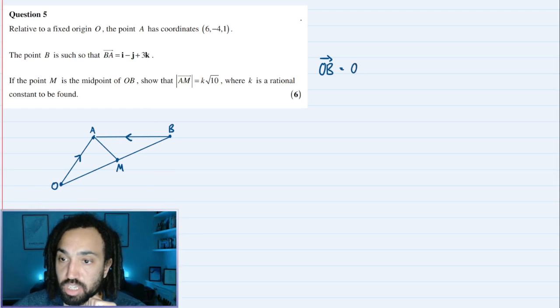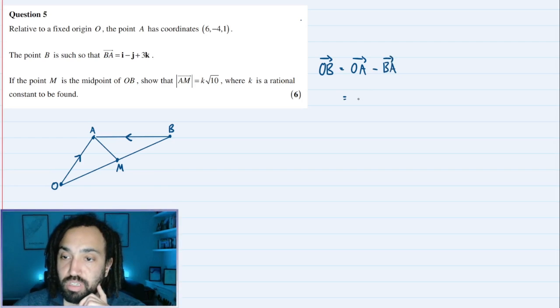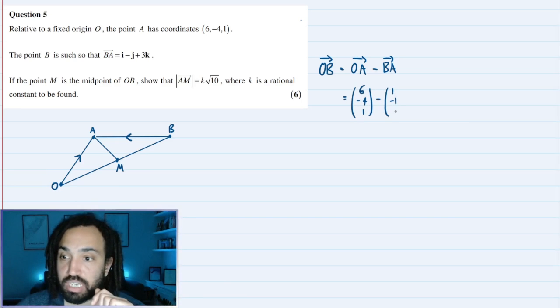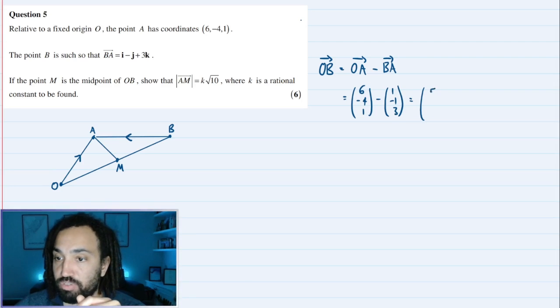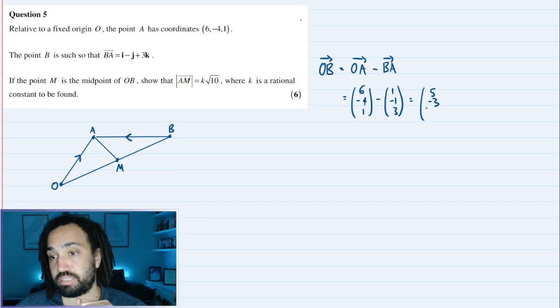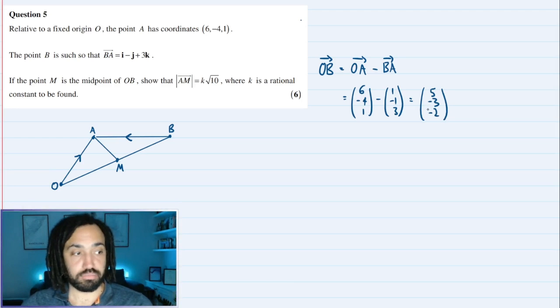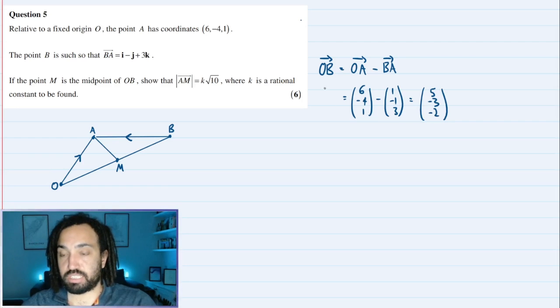So essentially it is O to A minus B to A. O to A being the vector (6, -4, 1), the position vector of A, minus B to A, which is (1, -1, 3). So this gives me a vector of (5, -3, -2). Okay, great. Yes, that's O to B.